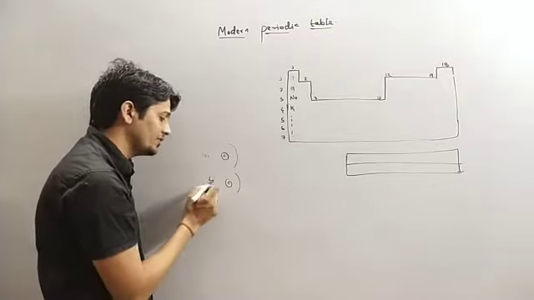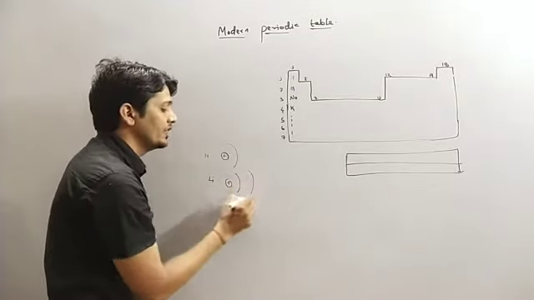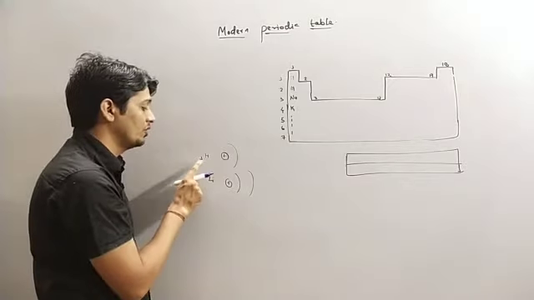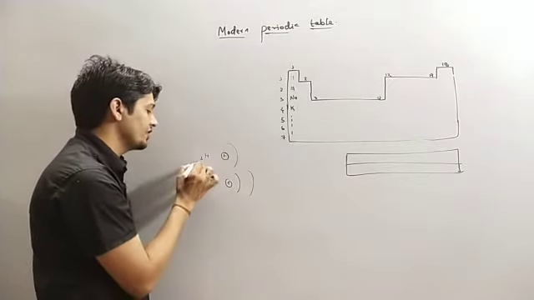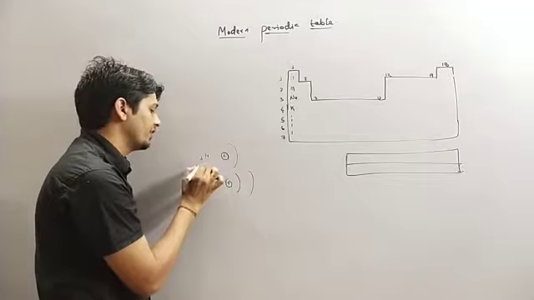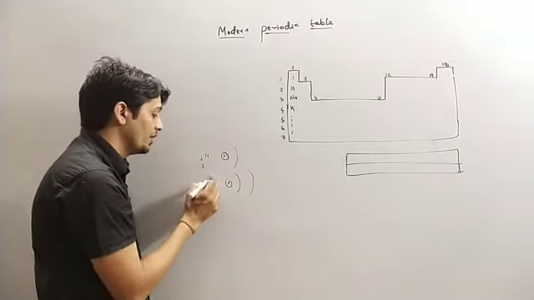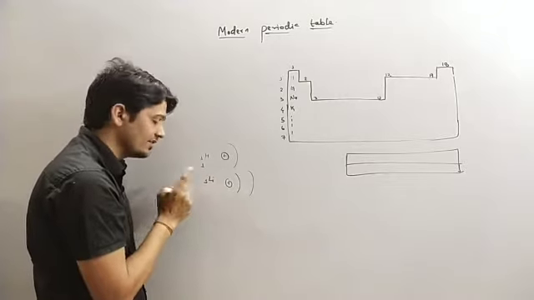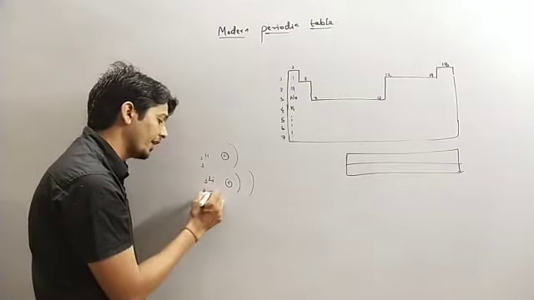3 electrons means it will require 2 shells. See, hydrogen has 1 electron, so its electronic configuration is 1 only. But lithium has 3 electrons, that means it has electronic configuration 2 and 1.